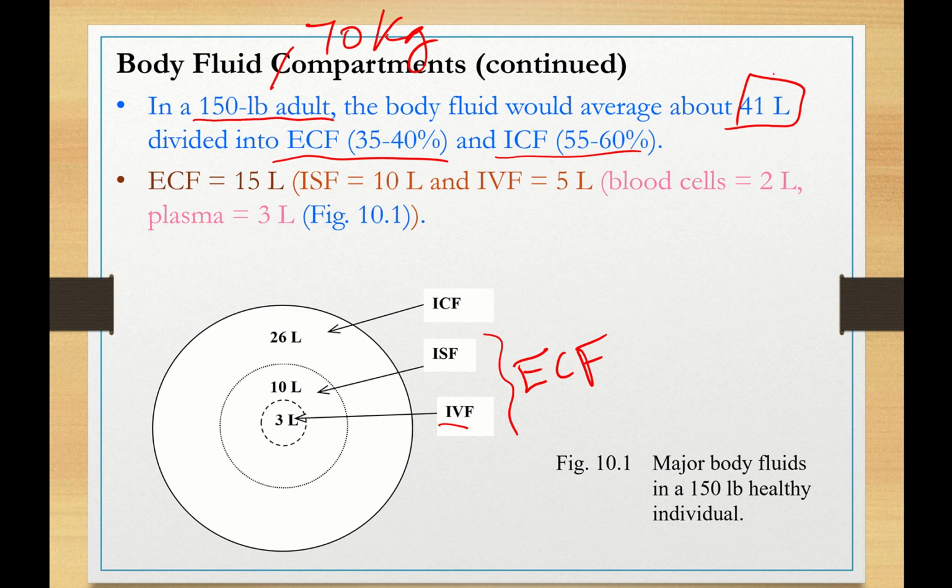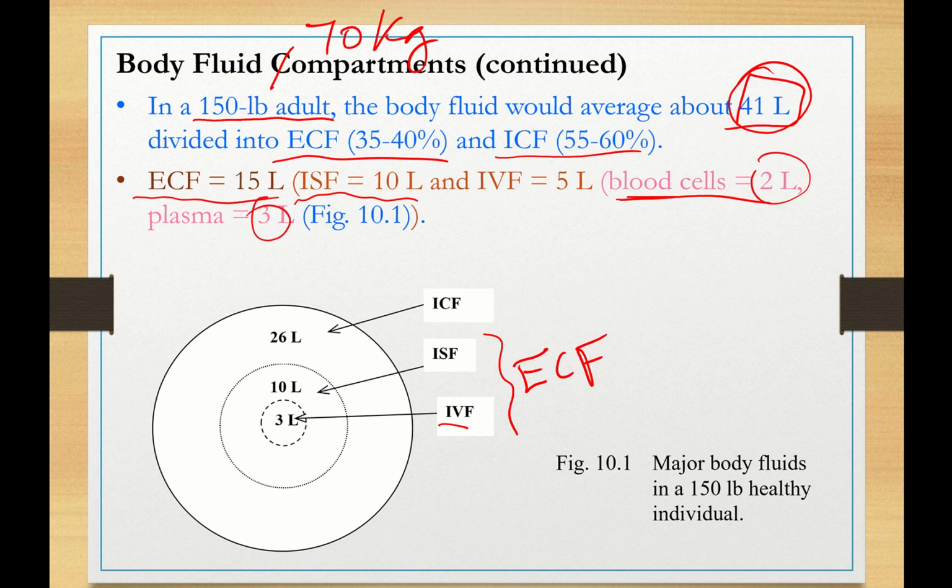For a regular adult of 41 liters body fluid, the extracellular fluid sums up to 15 liters. Out of these 15 liters, 10 liters is the interstitial fluid and 5 liters is the blood. And of course, in the blood we have red blood cells, white blood cells. These are about 2 liters. We have 3 liters of plasma.